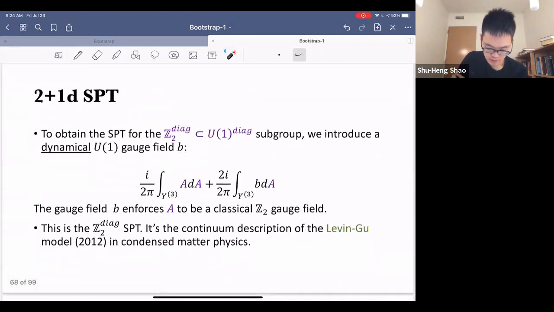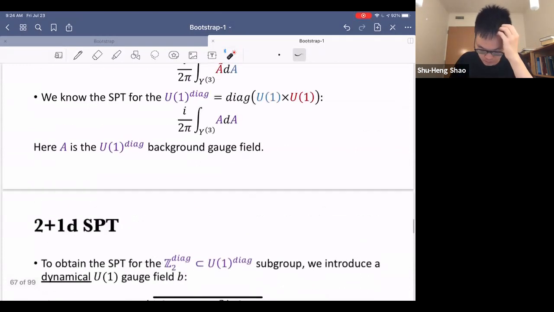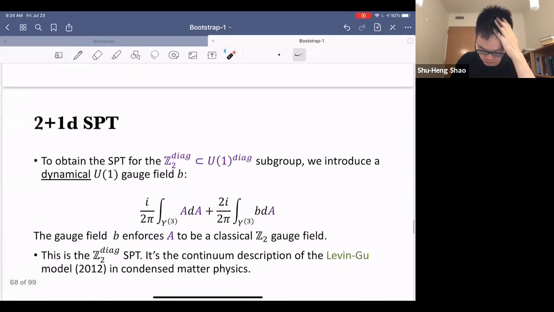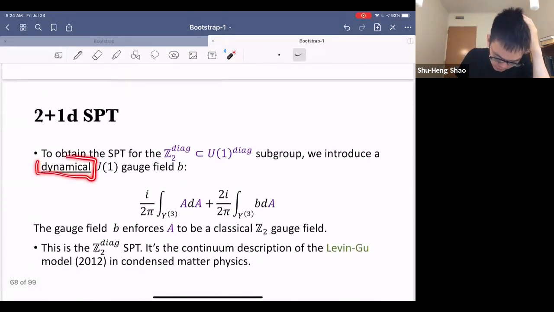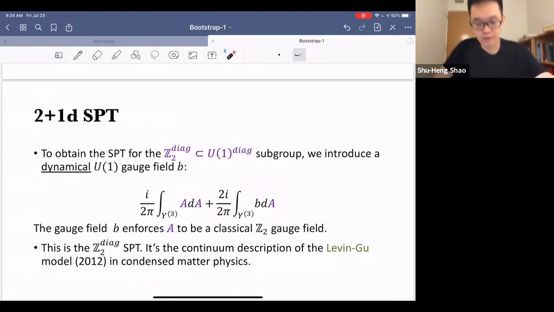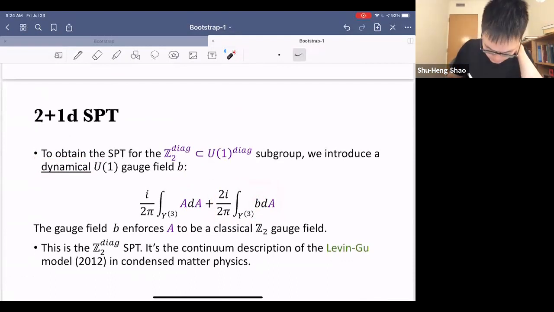How do we get the SPT for the Z2 subgroup of this U1 symmetry? Here, this A is a U1 gauge field. To make it Z2, all you have to do is to introduce a dynamical U1 gauge field, which I call little b, and add this term. Intuitively, what this term is doing is that you can integrate out the little b and force the holonomy of 2A to be trivial.